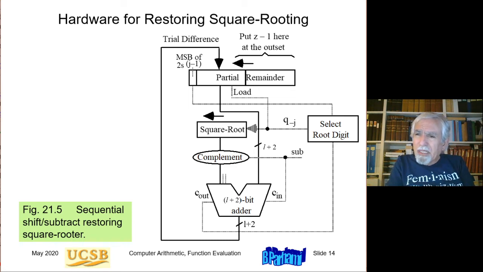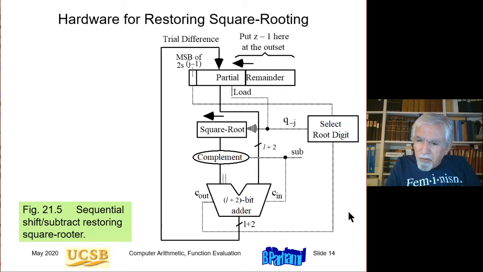So really, I'm not doing any restoring. I just don't change it in that case from its correct value. Okay, and I do subtraction, the trial subtraction, by complementing the partial root and also inserting a carry in. This is standard two's complement subtraction.